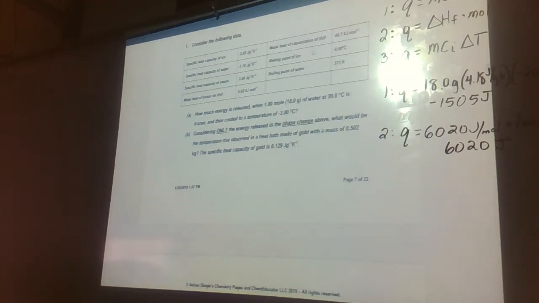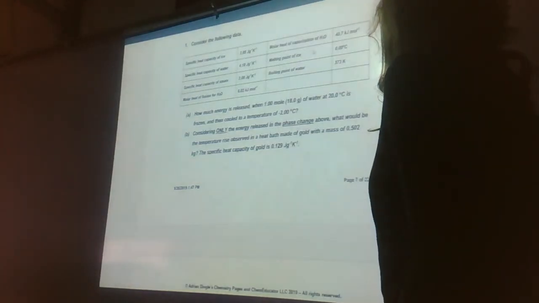But we have to be careful here. When water is being frozen, when anything's being solidified, energy has to be released. Vice versa, if it's being melted, energy has to be absorbed, and that would be positive. You're never going to be told that. That will never come out in the math. You just have to know that.